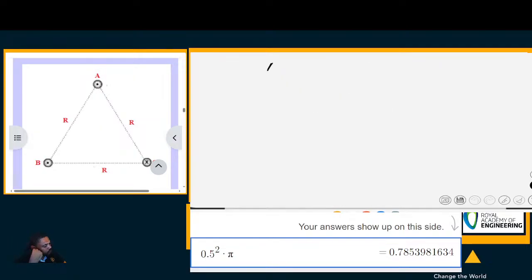So it's just mu naught times I squared. This will be F net per unit length, mu naught I squared over pi R. That is what you should get. Okay, times cosine 60, of course. I almost forgot to include that.